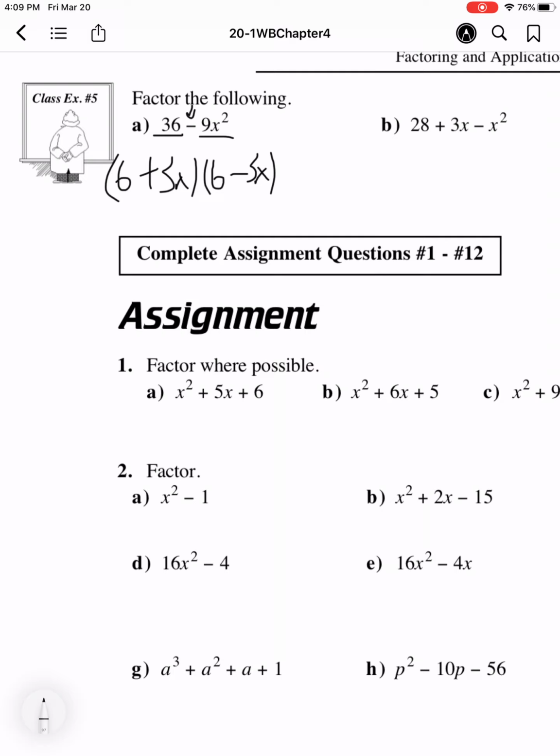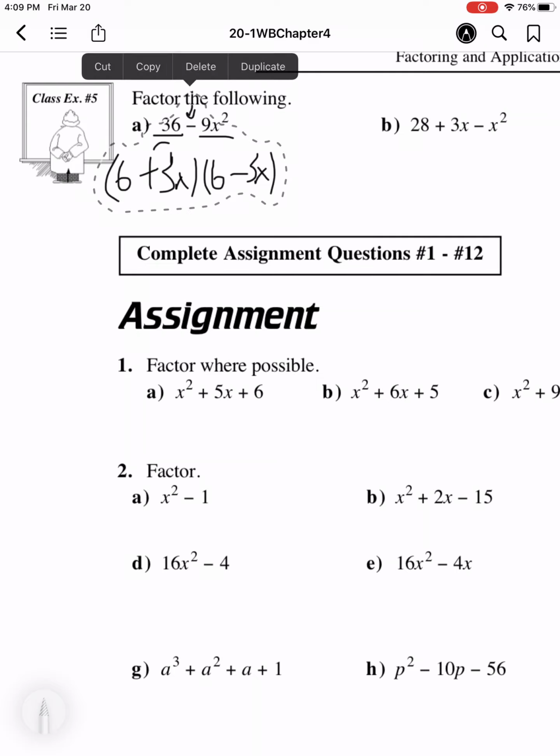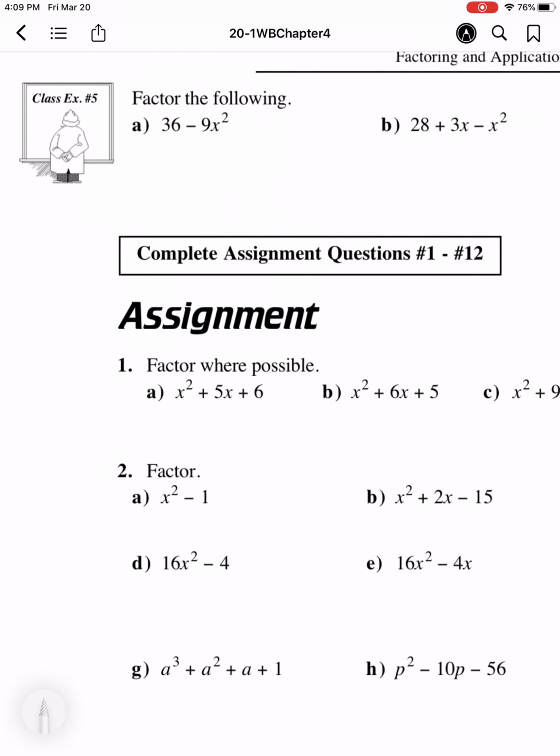Oh, we're actually going to back up here. Sorry guys, I'm going to make this a little bit less complicated. Please erase that. I did something wrong. What did I forget to do? I forgot to check for greatest common factor first, right? We have to check for greatest common factor. When we do that, we see the greatest common factor is 9.